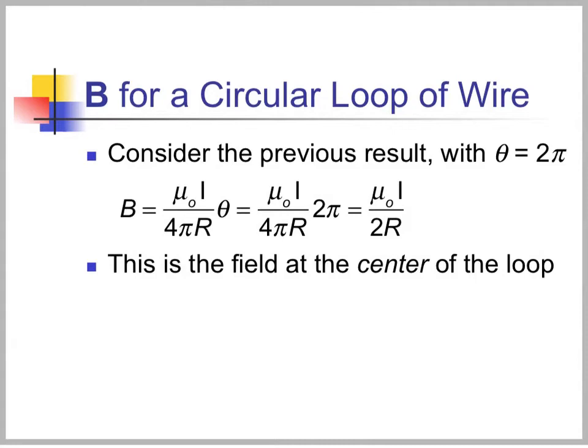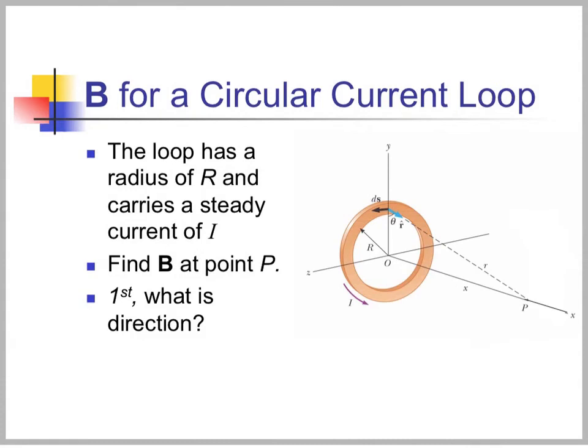What about a point off the axis of a loop? So let's use Biot-Savart to figure out the magnetic field at this point due to this current going around this loop. Say the loop has a radius r and a steady current I. First, we start out again. What is the direction?